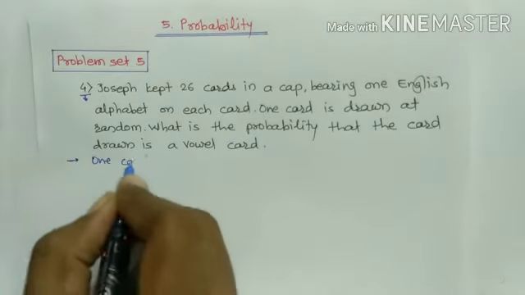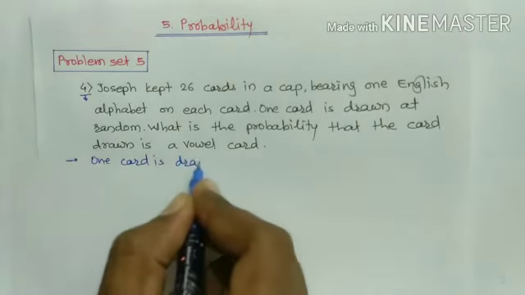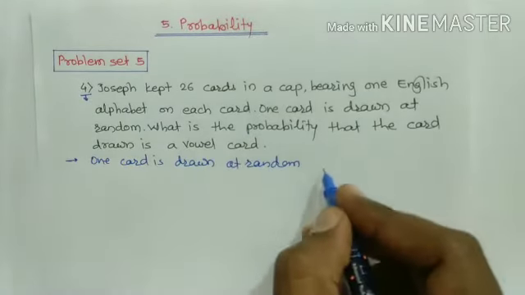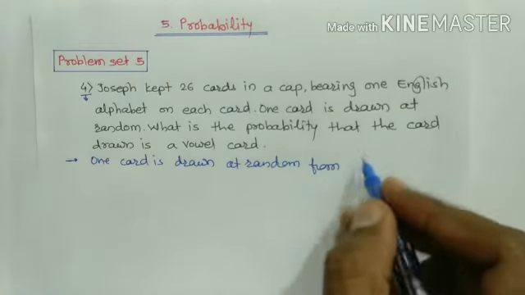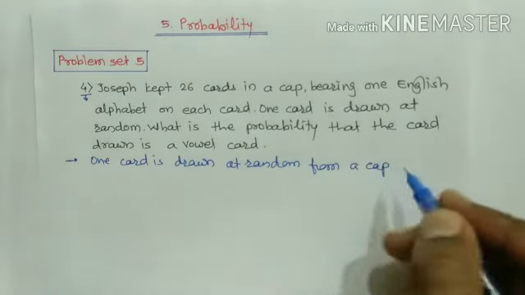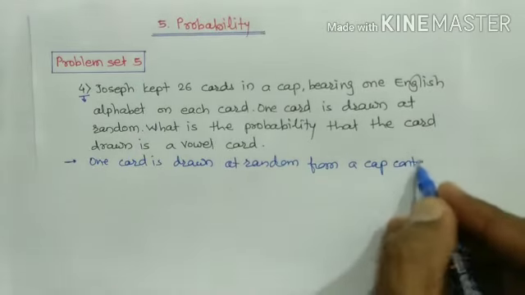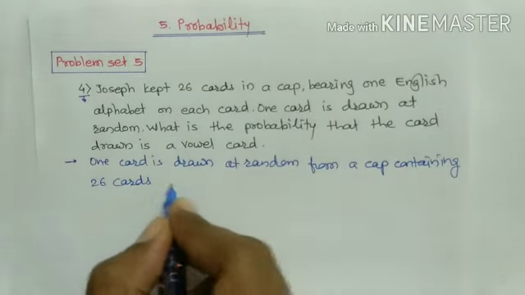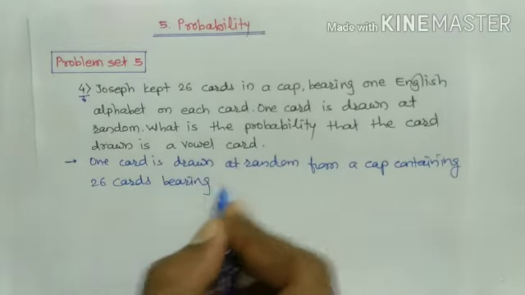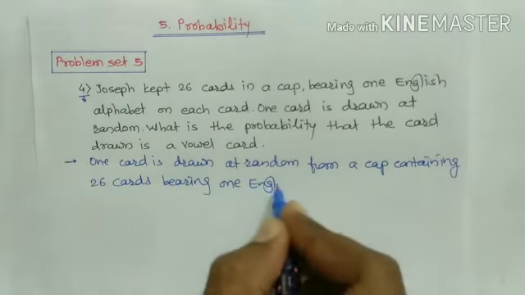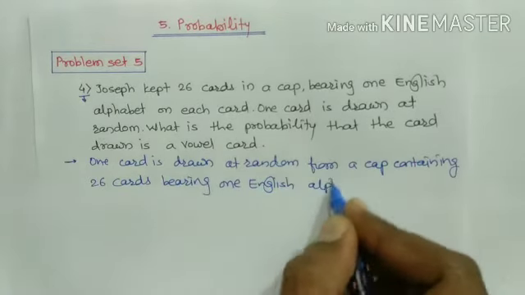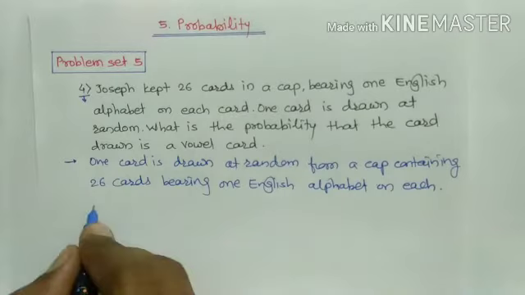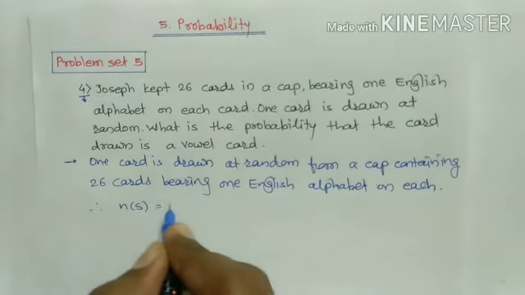See, one card is drawn at random from a cap containing 26 cards bearing one English alphabet on each, and therefore the number of S equals 26.